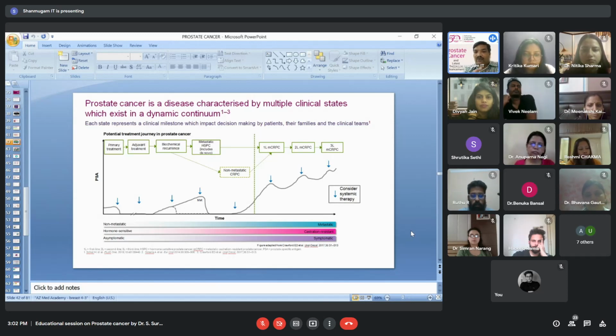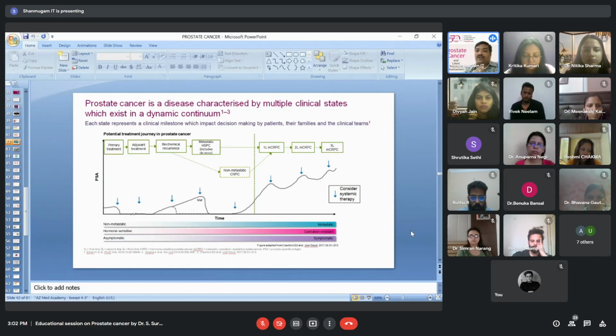So this time goes on, and then there will be a period when the patient will have a castrate level of testosterone, but will not respond to our standard hormonal management. That is called castrate resistant prostate cancer. So this is when the disease gets very active.